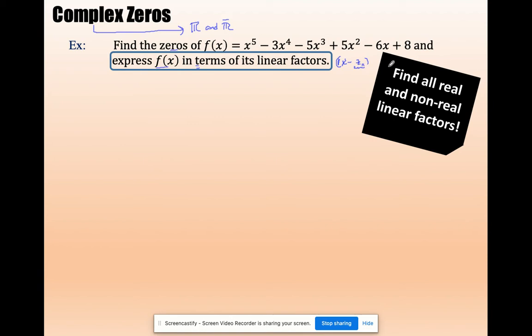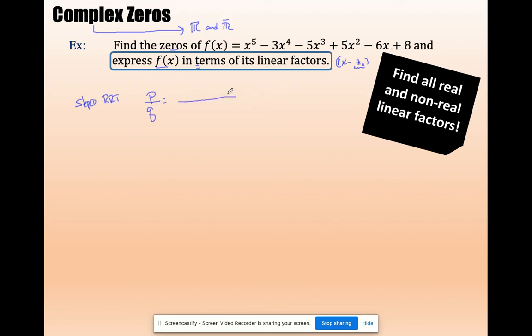Okay? So to do this problem, step 1, I need the rational root theorem to tell me what are all my possible rational roots. Right, so I need the factors of 8 and the factors of 1.